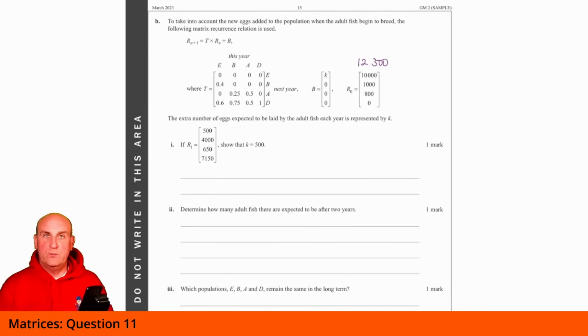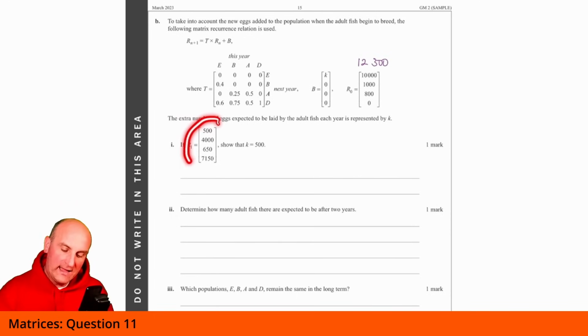In a closed system where I'm not adding and taking away, every single one of my R1, R2, R3, R4, and R5 will add up to 12,300. It has to, because no fish are coming and no fish are losing. When we start adding things into my system, well, that's only going to come from one place. And what I did was I then, well, hold on a moment. If I now add all those together, what I actually get, looking at my working out, is 11. Try that one again.